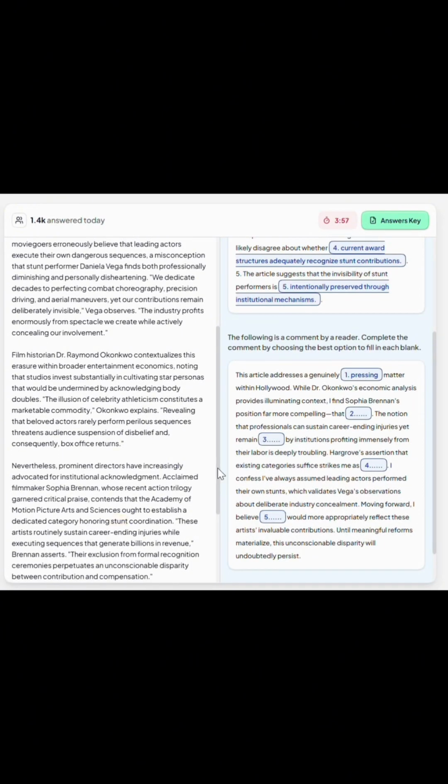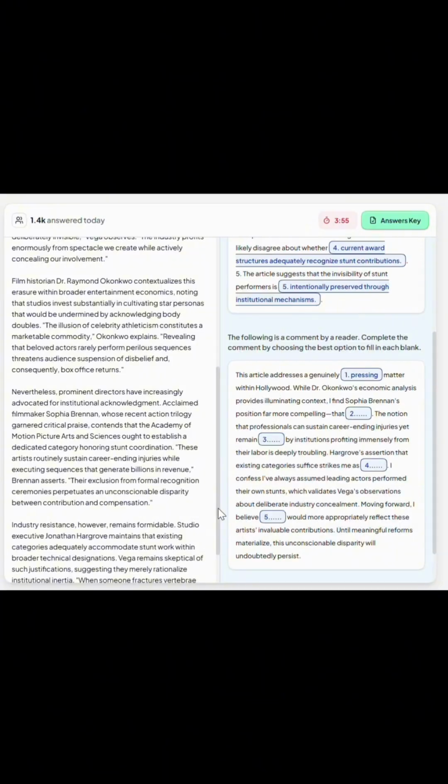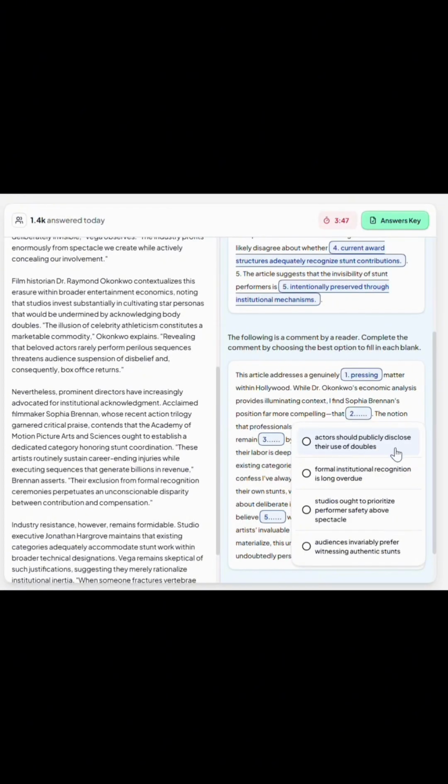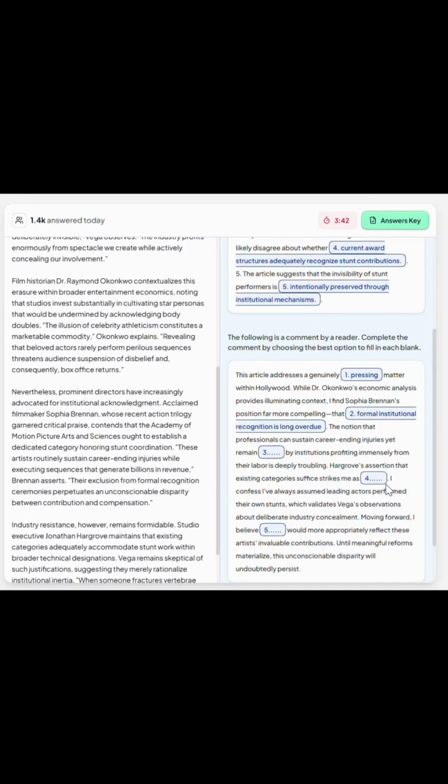So I quickly go to that place where Sophia is and read the sentence again to remind myself of her view. This helped me pick the fact that she is clamoring for recognition of stunt doubles. So I pick my response and then I proceed to the next question.